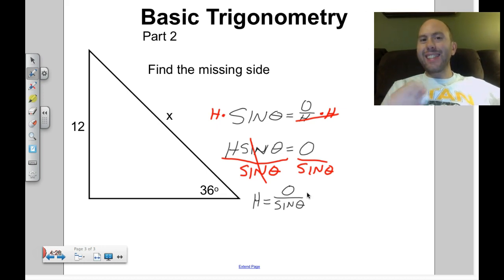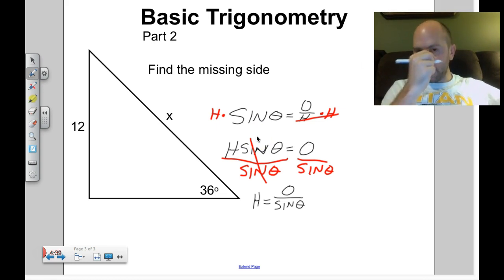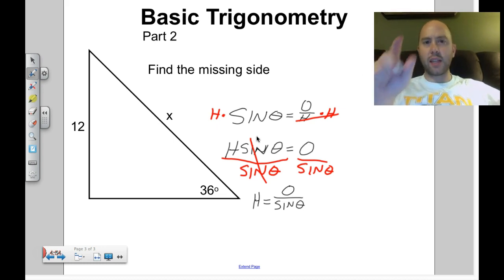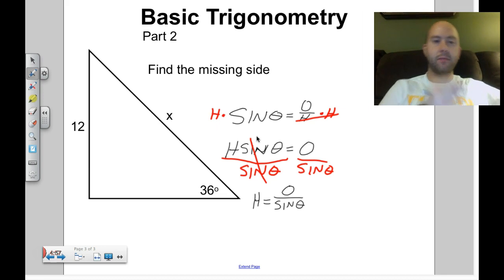When you're trying to find a side and you want to bring the angle to the other side, then you just divide both sides by a sine theta, a cosine theta, or a tangent theta. So just FYI. So let's plug all this in now.